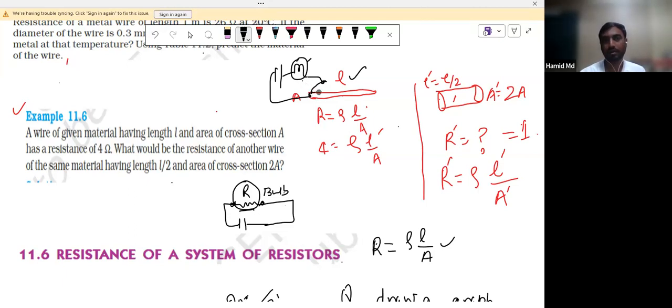As you move this contact from here to here, as the resistance increases, the current will decrease. V is equal to IR, right? So as R increases, the current drops. If the current drops, the bulb will glow less, right? So this is the case for length.